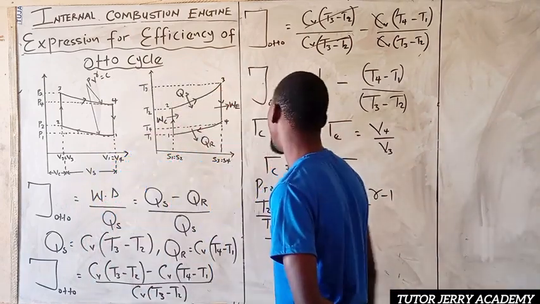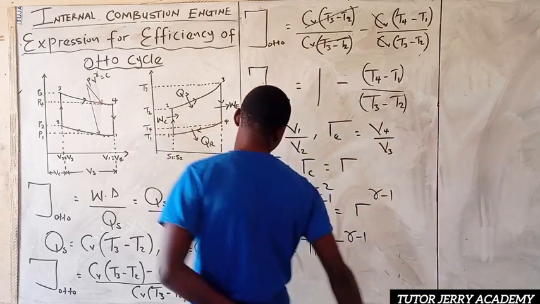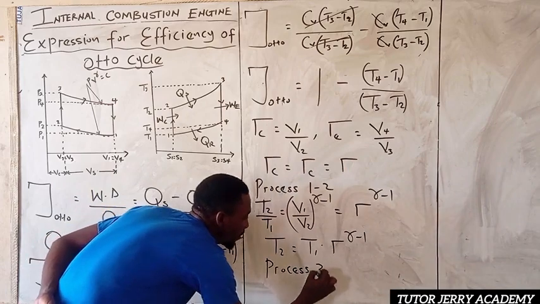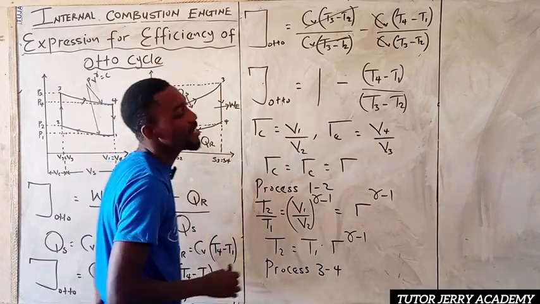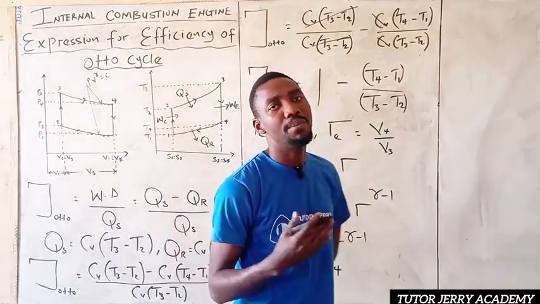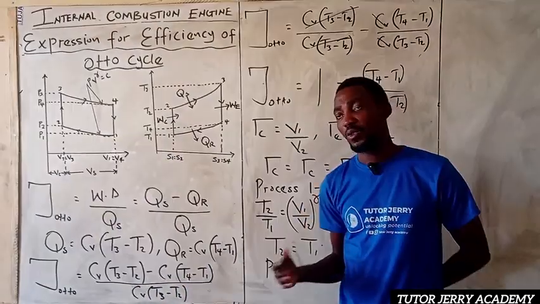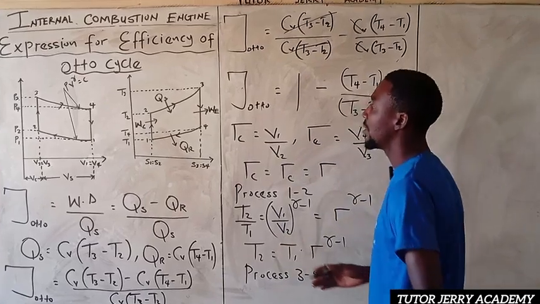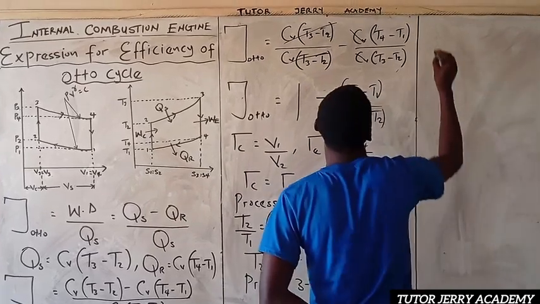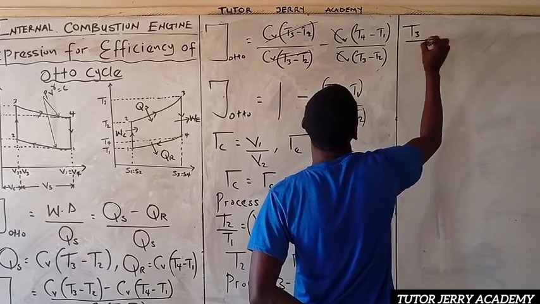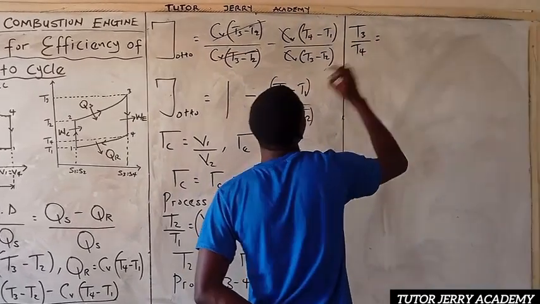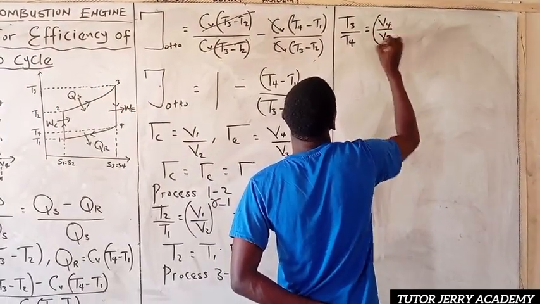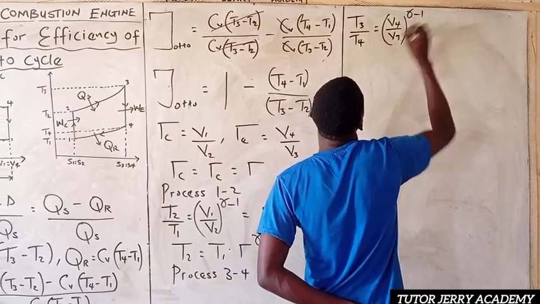Now let us go to process 3 and 4. From process 3 to 4, let us also relate temperature to volume. So if we relate temperature to volume there, we know that we are going to have T3 all over T4 to be equals to V4 all over V3 to the power of gamma minus 1.